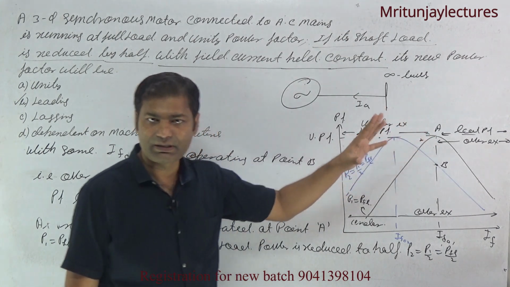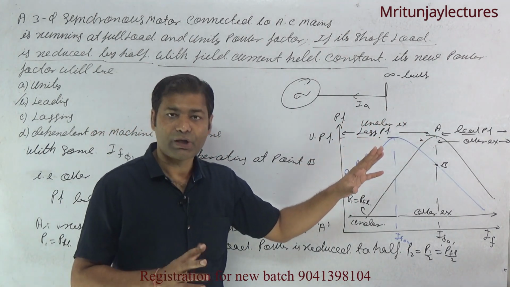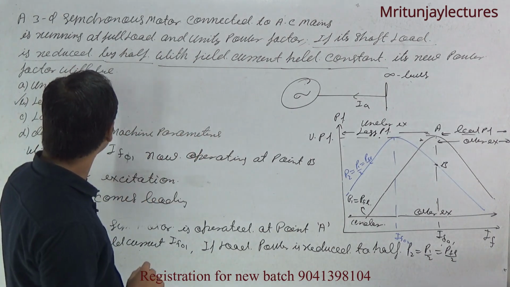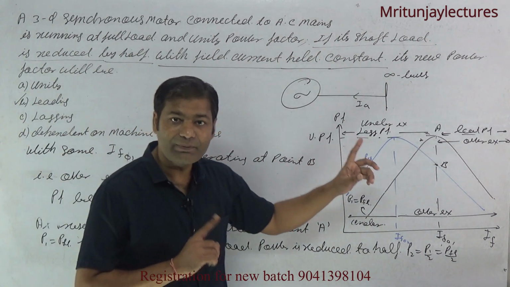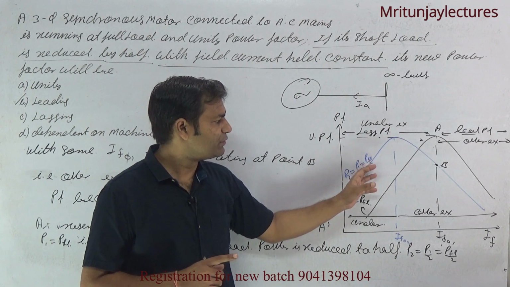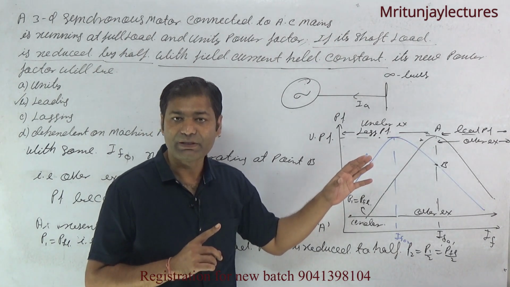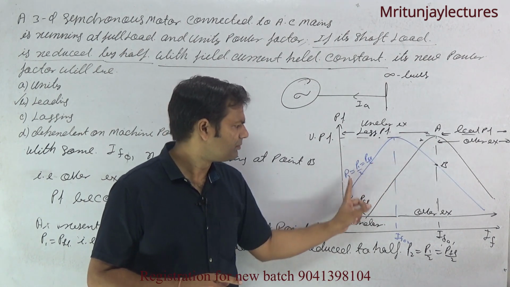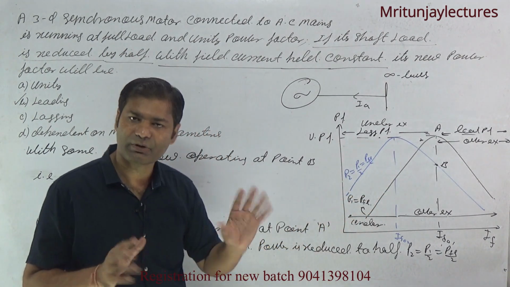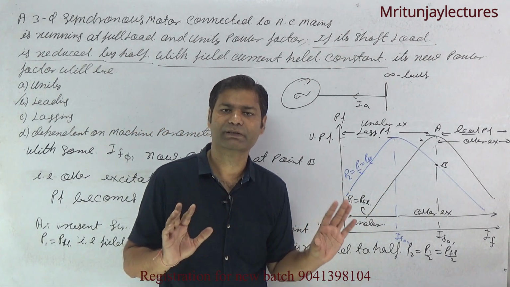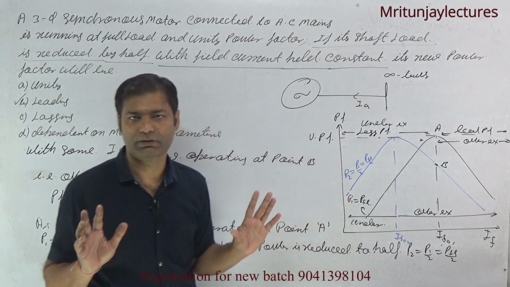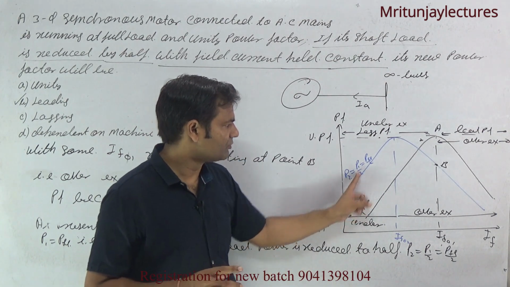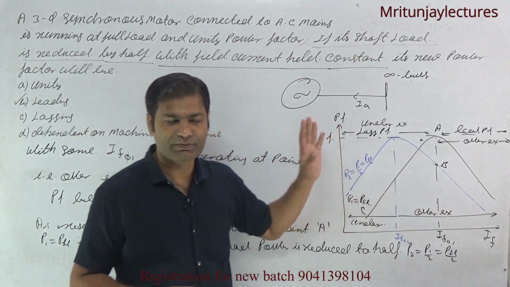Operated at point A. Now another way, if its shaft load is reduced, means P2 is P1 by 2, then it looks like this. Why is the P2 graph shifted here? I have already discussed this in power factor control of the synchronous motor. So first of all, it shifted correspondingly.